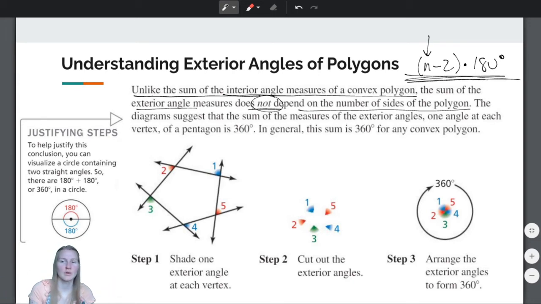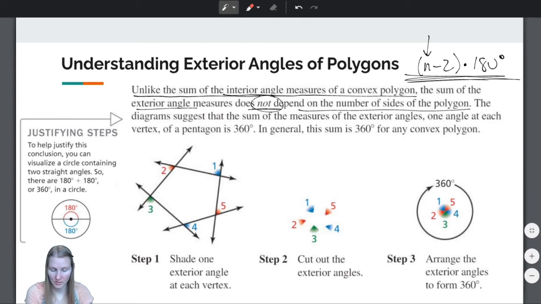If n was 3, well, we just had 180. If n was 4, we had 360. You know, if n was a bigger number, we had a bigger answer. When it comes to exterior angles, the sum of the exterior angle measures does not depend on n. Doesn't depend on the number of sides.